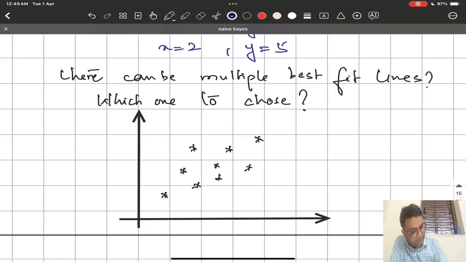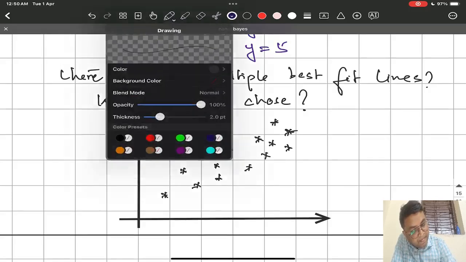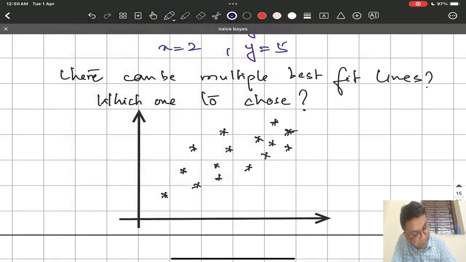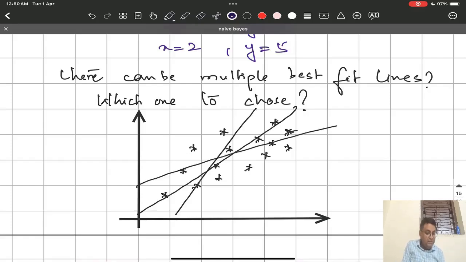So what best fit lines can it be? It can be this, it can be this, it can be this. So there can be multiple best fit lines, I told you. Then which one to choose? Which best fit line do I have to choose?